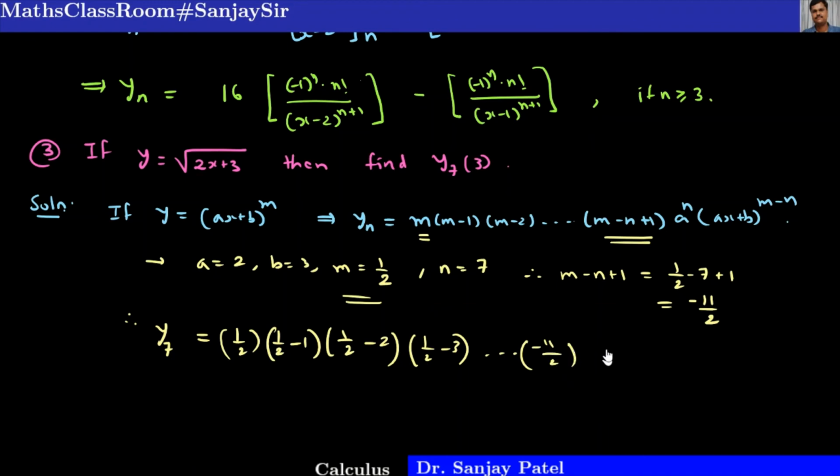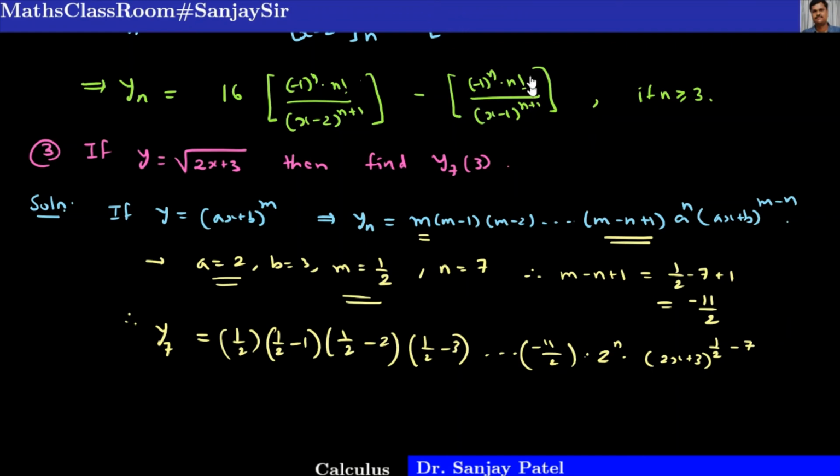Minus 11 by 2. Every time we are removing 1 here, into a raised to n. A in this case is 2, so it is 2 raised to n into 2x plus 3 raised to 1 by 2 minus 7, because n is equal to 7.